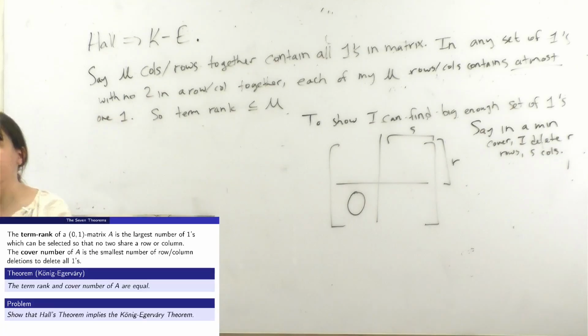And again, we're at the sort of sketchy part of the night, right? So let me draw some sort of picture to indicate without writing a lot of words why we can apply Hall's theorem in this situation.